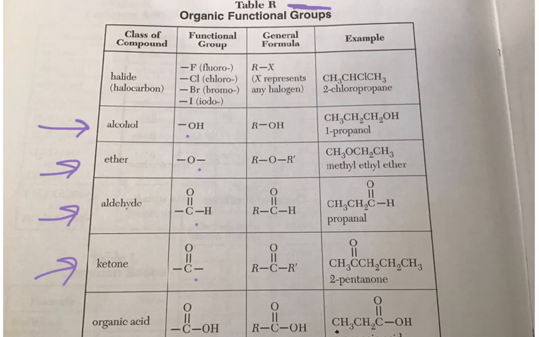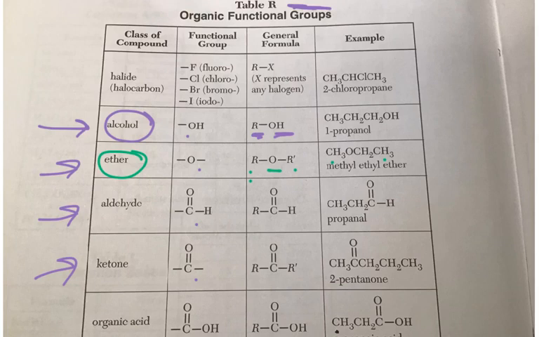So if you have an OH group attached to a number of carbons, automatically that's an alcohol, okay? Now, if, for example, you have an oxygen with a number of carbons on both sides, that's going to be an ether. So I don't want you guys to panic in terms of how to name, recognize, or write these guys.